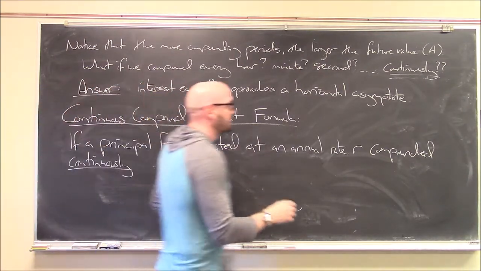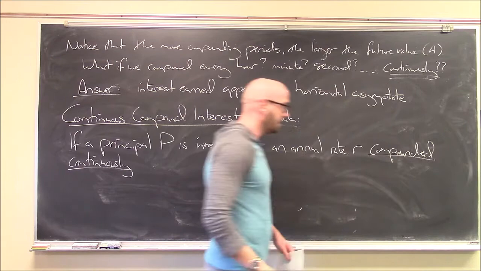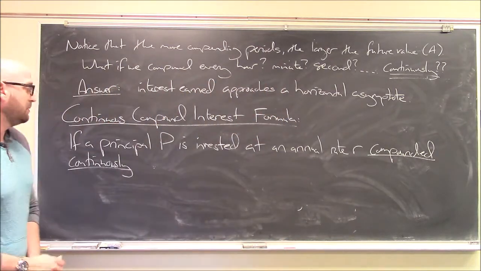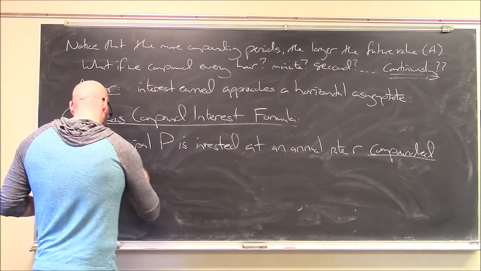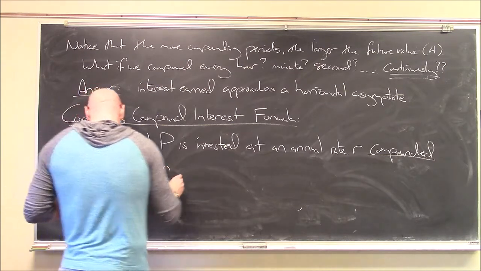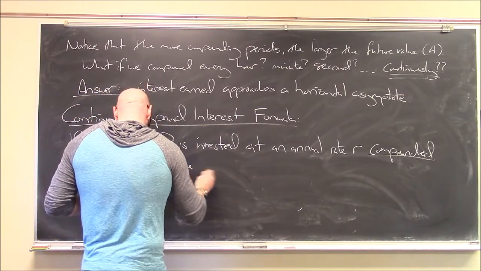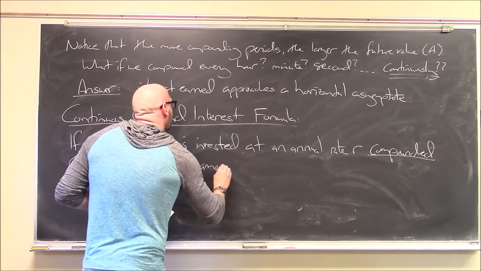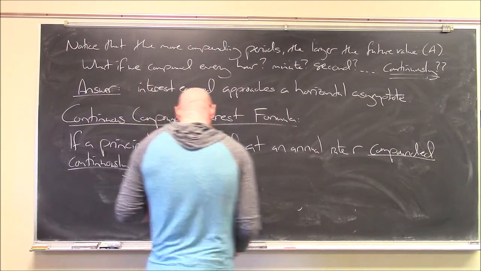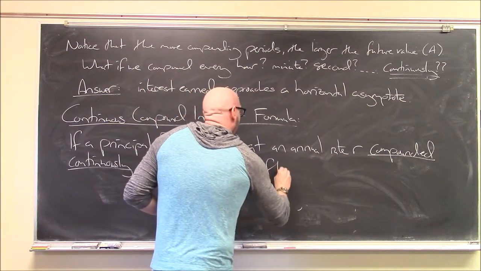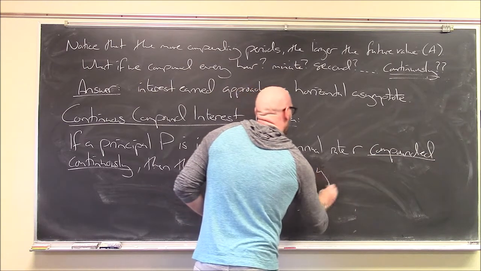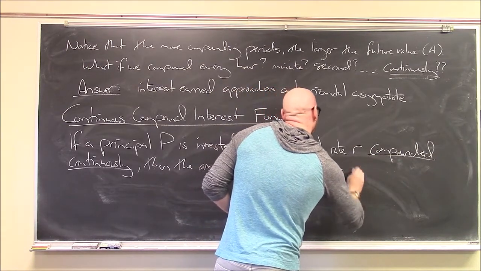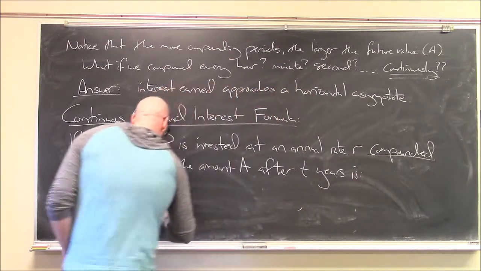So there's the catch. This is when this particular formula applies, when someone tells you we're talking about continuous compounding. Then the amount A after T years is given by the following formula.